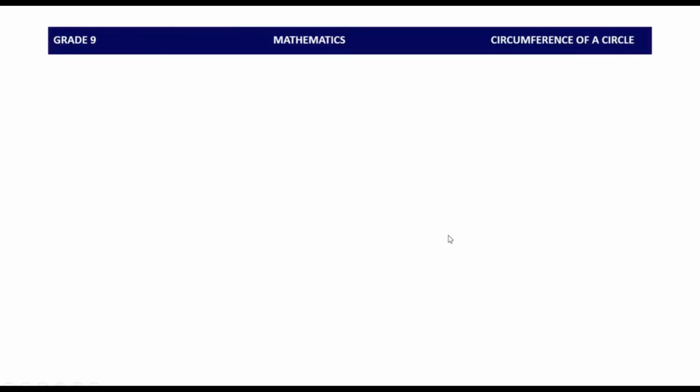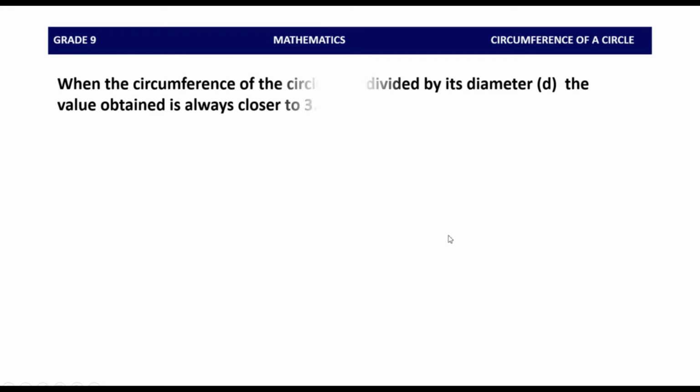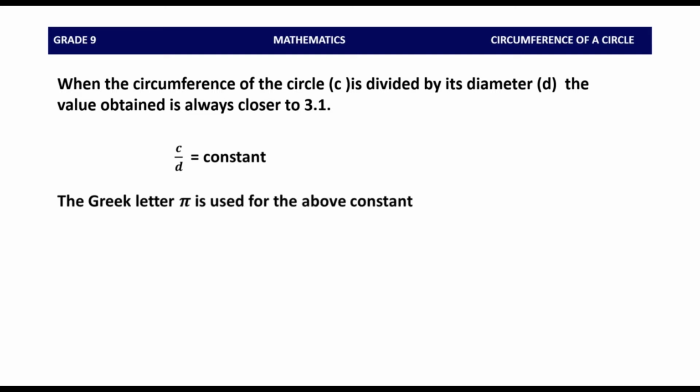So we can say for any circle, the value of circumference divided by diameter is always a constant. C divided by D is a constant. The Greek letter pi is used for the above constant.